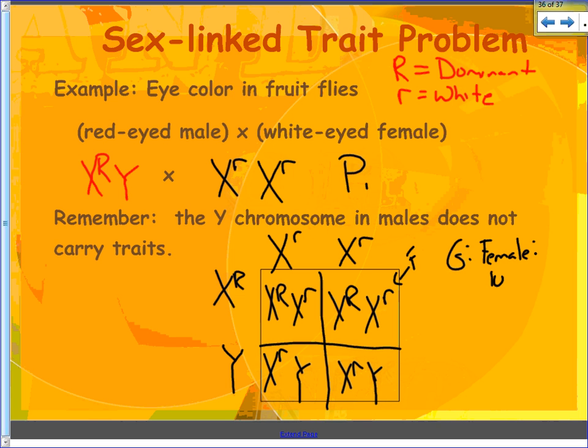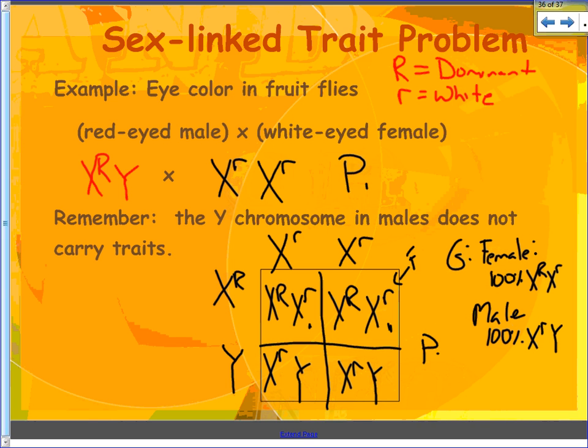The genotype for my F1s in terms of females will be 100% X big R, X little r. It's 100% because it's two possible genotypes, this one here and this one here, out of two possible genotypes for females. For males, it's 100% X little r Y. So that's the genotype.